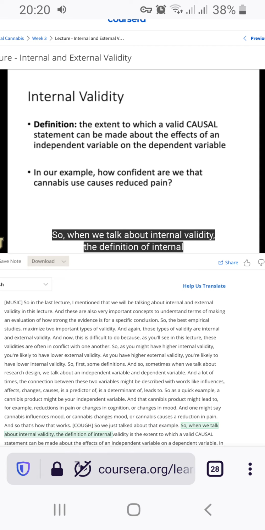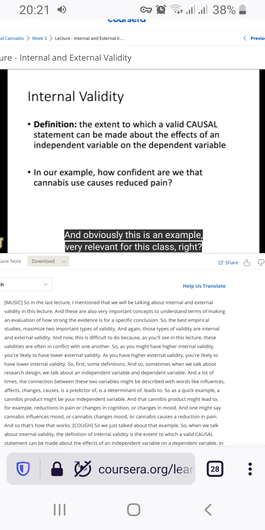So when we talk about internal validity, the definition of internal validity is the extent to which a valid causal statement can be made about the effects of an independent variable on a dependent variable. In our example, the question is, how confident are we that cannabis use causes reductions in pain?